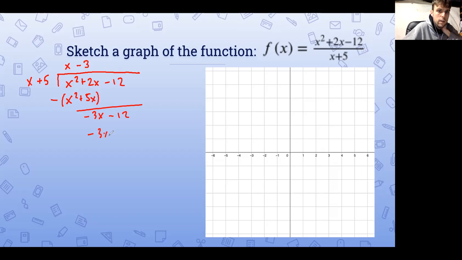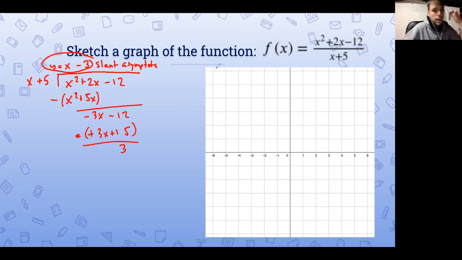That's negative 3x minus 15. That becomes plus and plus. Okay. That is remainder 3. So this is going to be the equation of our slant asymptote. We'll use that later once we get some of the other stuff.